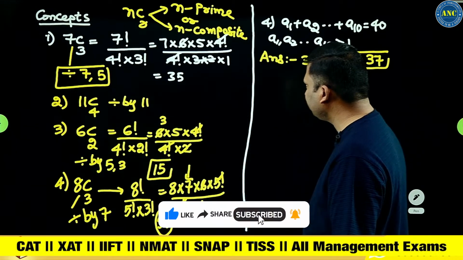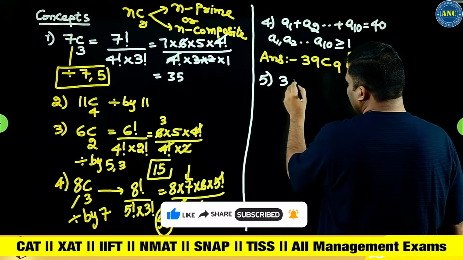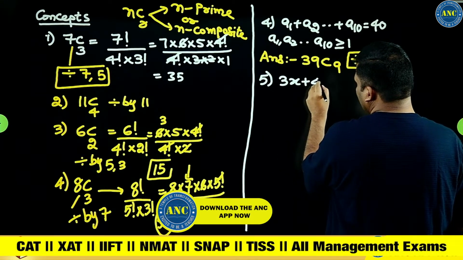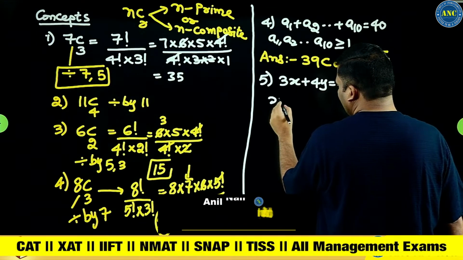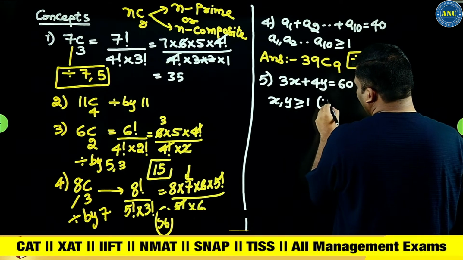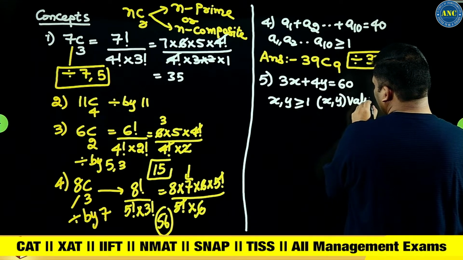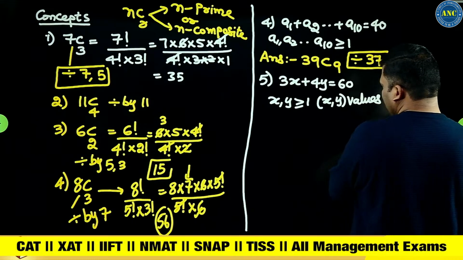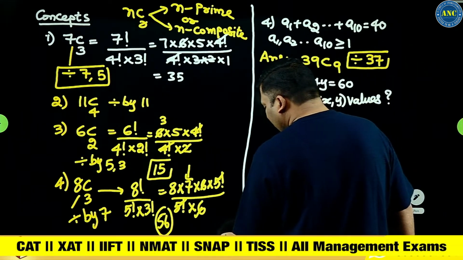Fifth one. 3x plus 4y is equivalent to 60, where x, y are greater than or equivalent to 1.